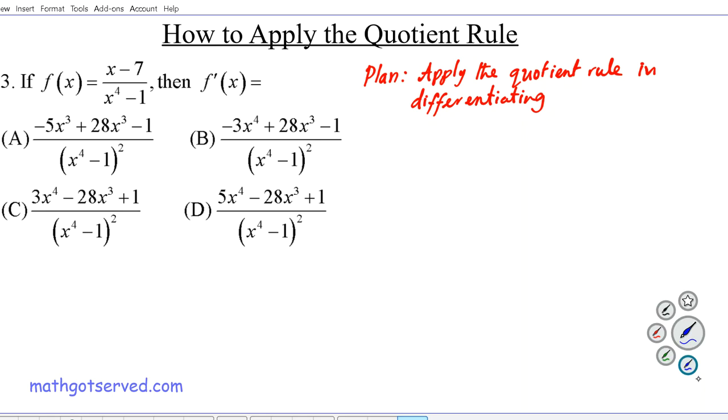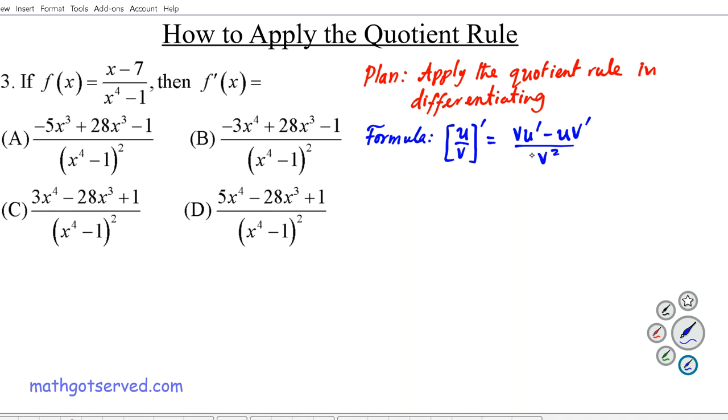Alrighty, so what is the quotient rule? Let's go ahead and refresh our memory on what that is. So if you have u over v, the quotient of two functions, u and v, and you want to find the derivative, it is going to be v u prime minus u v prime over v squared.